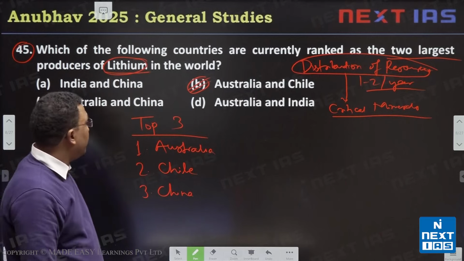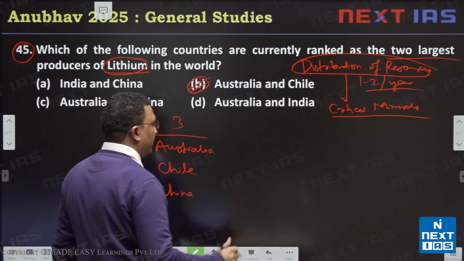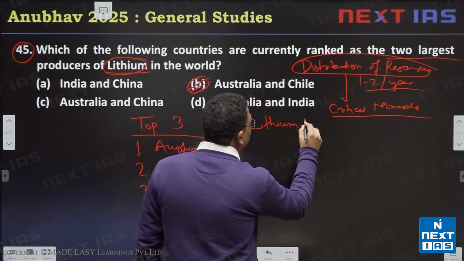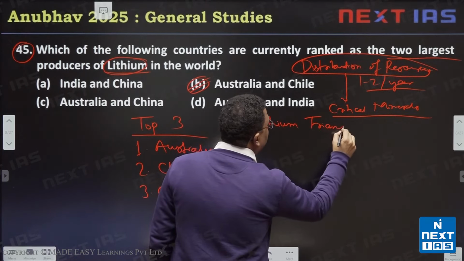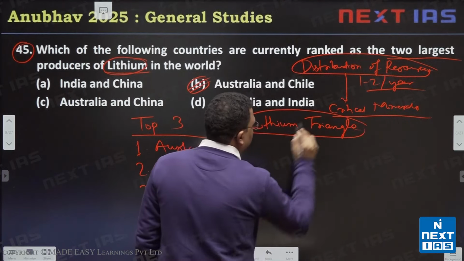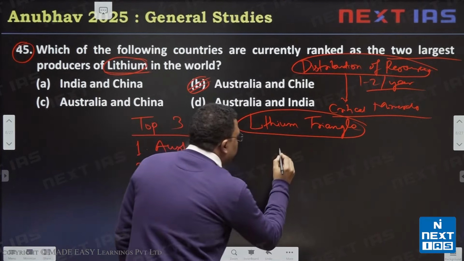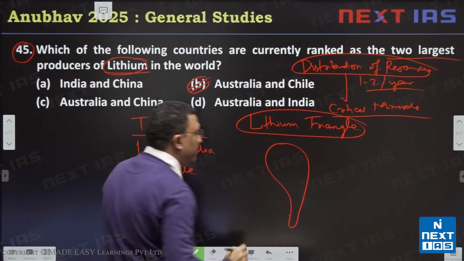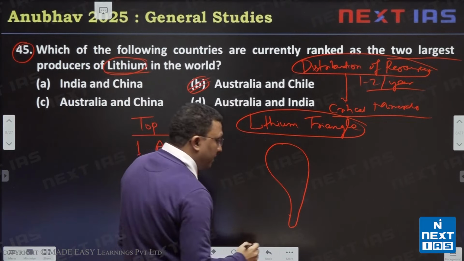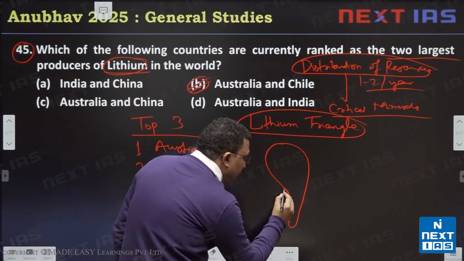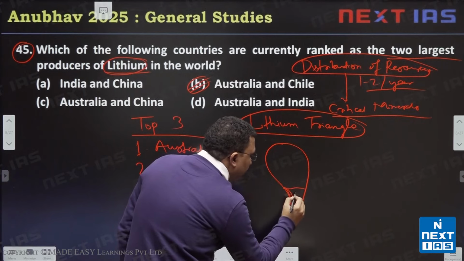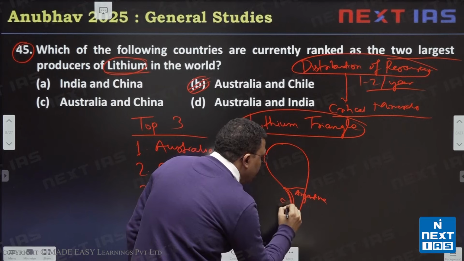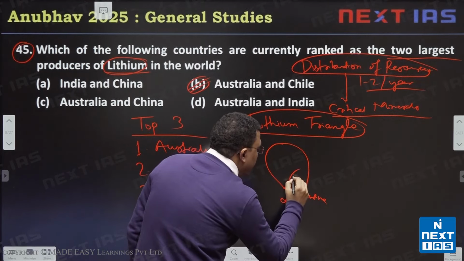Now there is one concept related to this lithium, that is basically lithium triangle. You should know about this, right? So lithium triangle is basically an area in South America, right? So this is South America, and if you see, this is Chile, this is Argentina, and this is Bolivia.